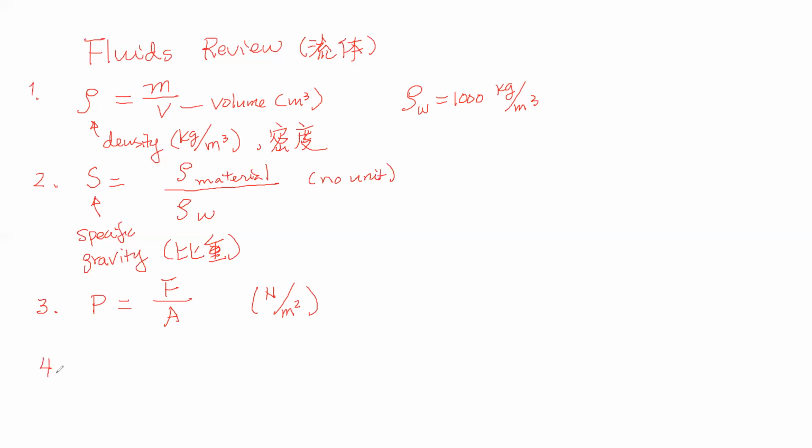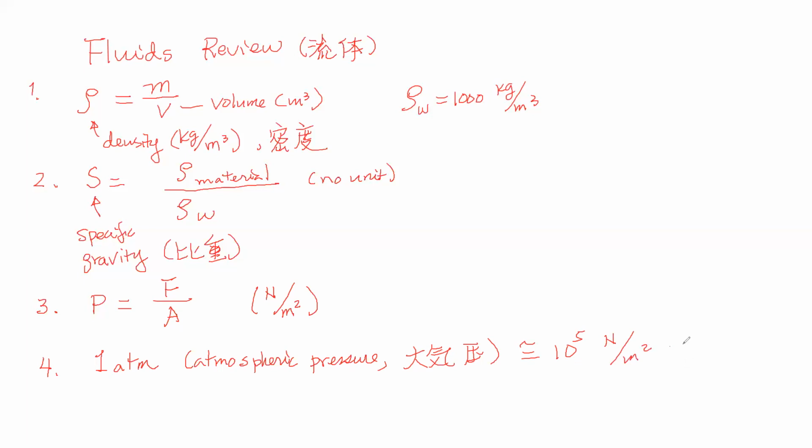So number four, 1 atm, meaning atmospheric pressure, 大气压. I'm going to write that, 大气压. It's approximately 10 to the 5 Newton per meter square.